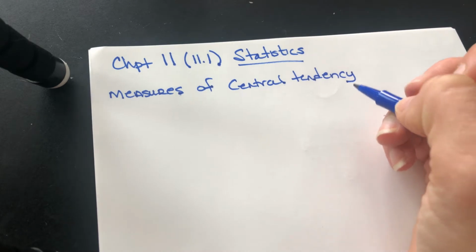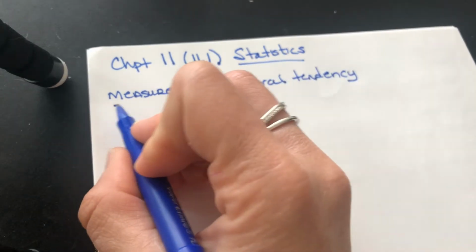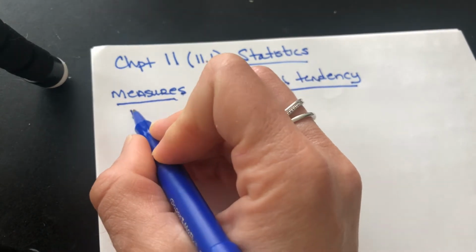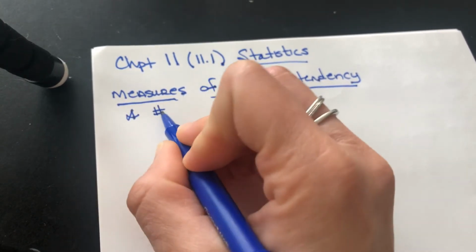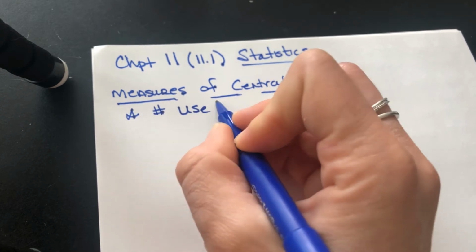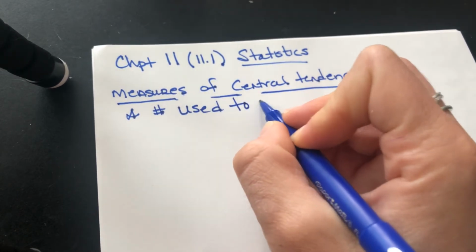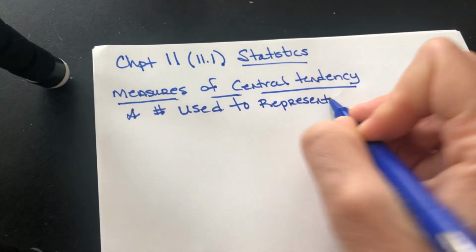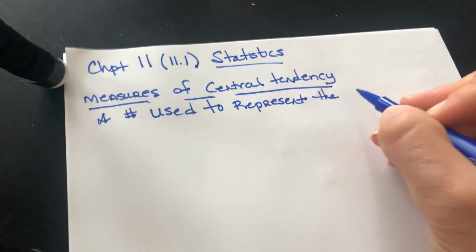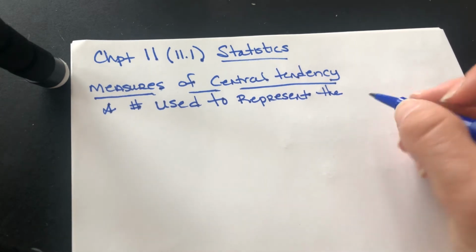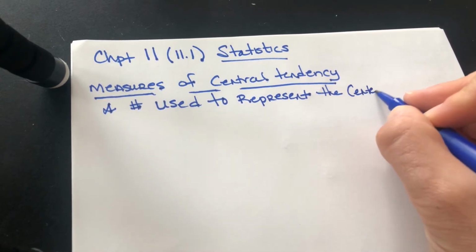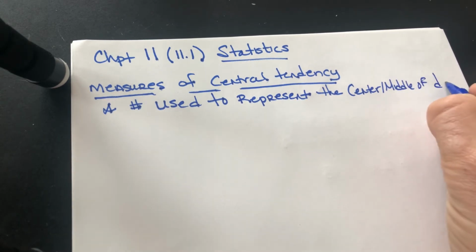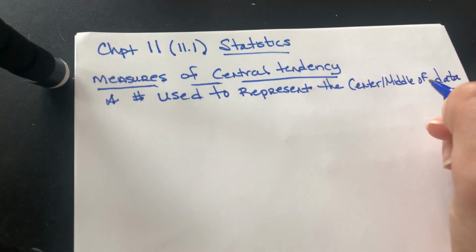Okay, so the measures of central tendency, they're basically, we could say here, a number used to represent the center or the middle of the data. Data obviously are your numbers and so forth.